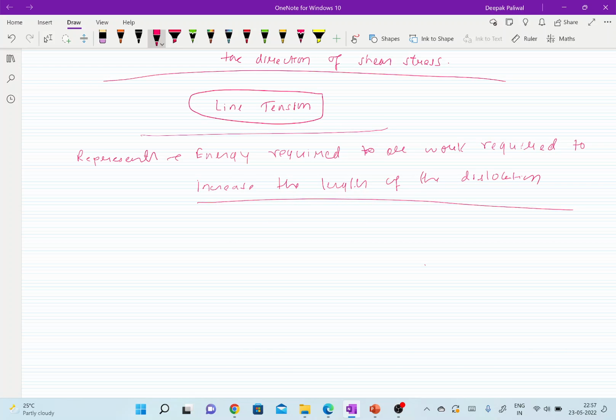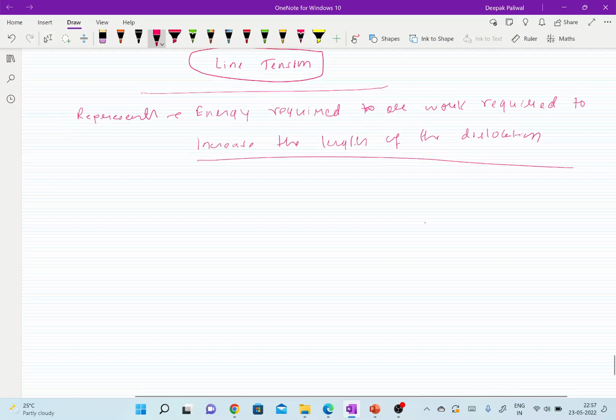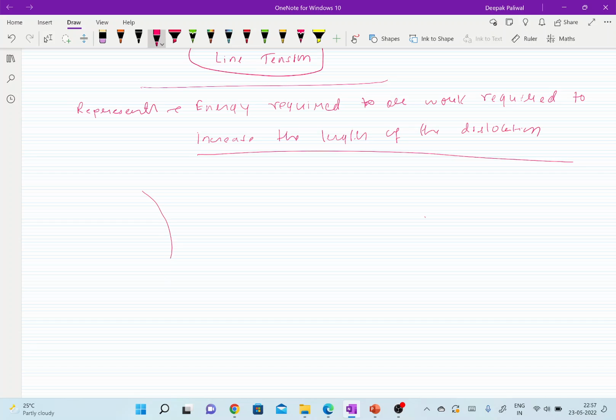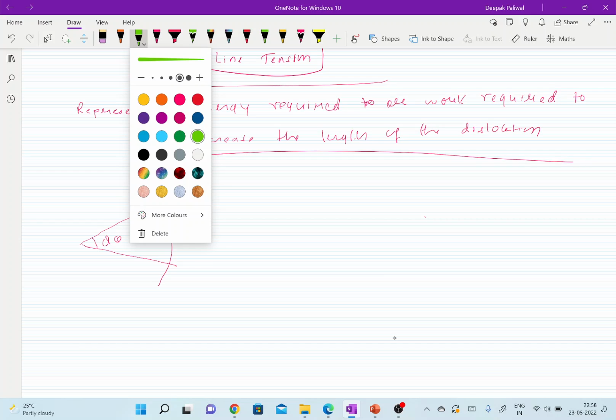In order to understand, let me draw a line segment. So we have this line segment which is making an angle d theta. Let me draw the line tension. Line tension is along the length of the line of dislocation.